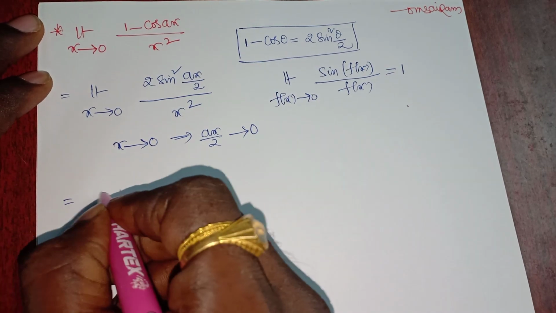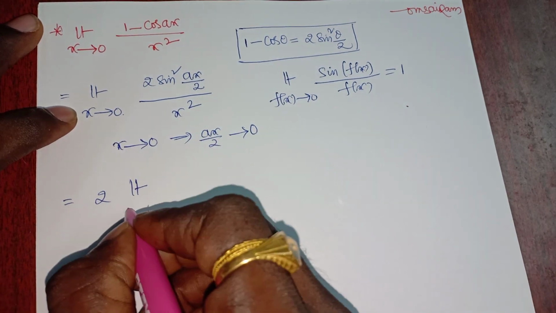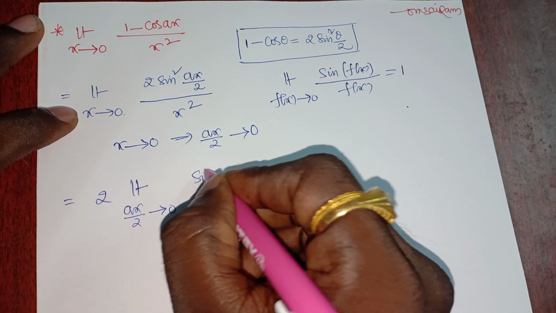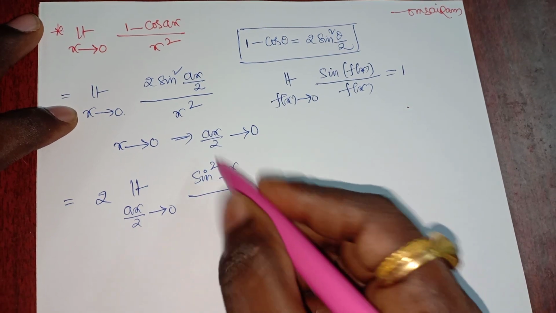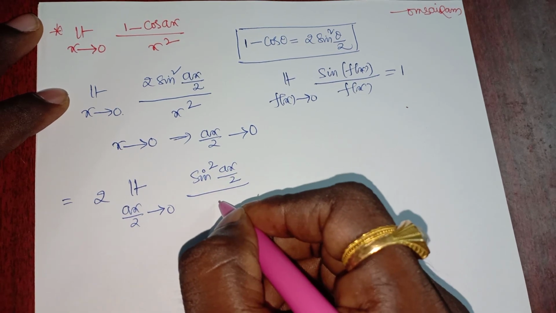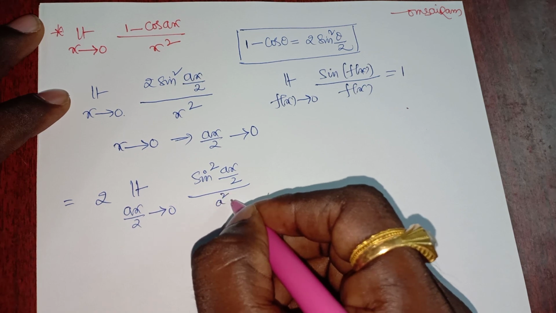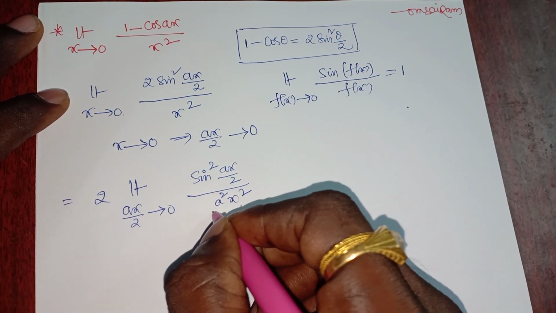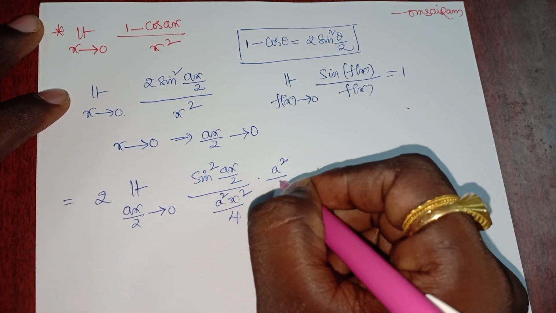Okay, now take 2 outside, limit x tends to 0 can be replaced with ax by 2 tends to 0, and sin square ax by 2 by, now multiplying and dividing with a square by 4, a square x square by 4 into a square by 4.